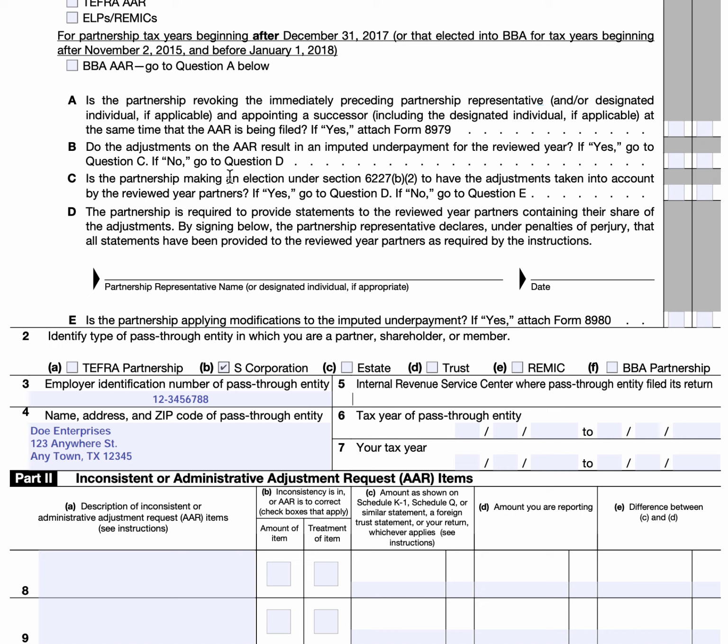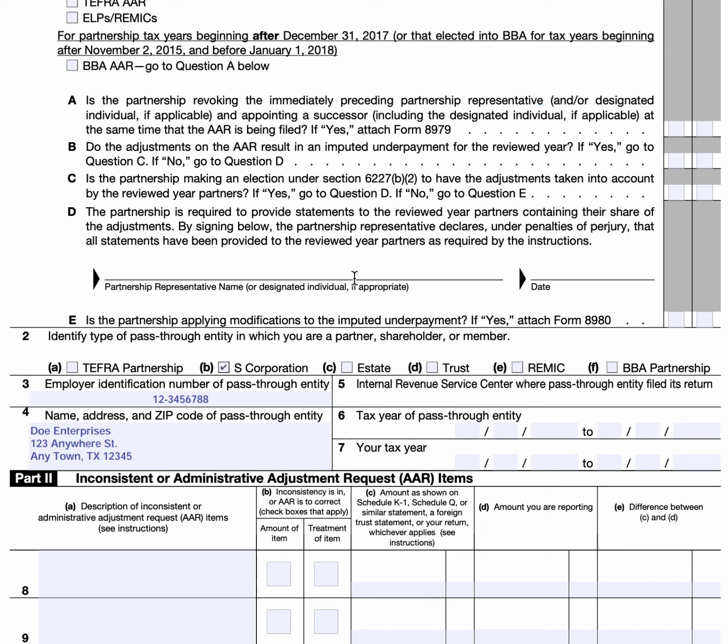Generally, all of this information should be what you would find on your Form K-1 or whatever form was reported to you. So it could be a K-1, it could be IRS Form 8986, which is basically a push-out election of partnership items, Schedule Q, or a foreign trust statement.